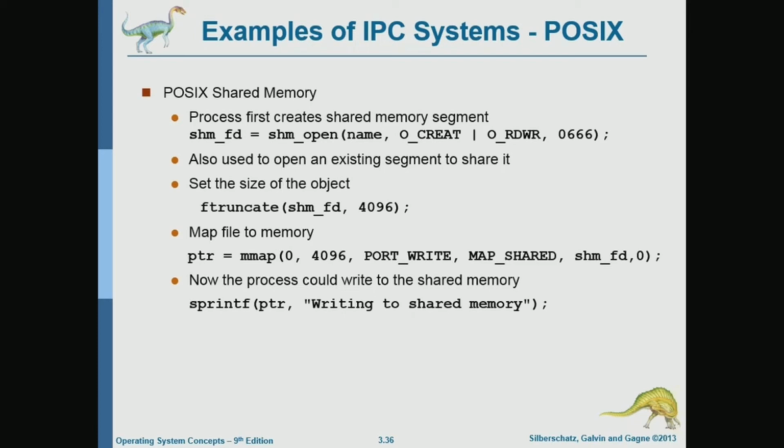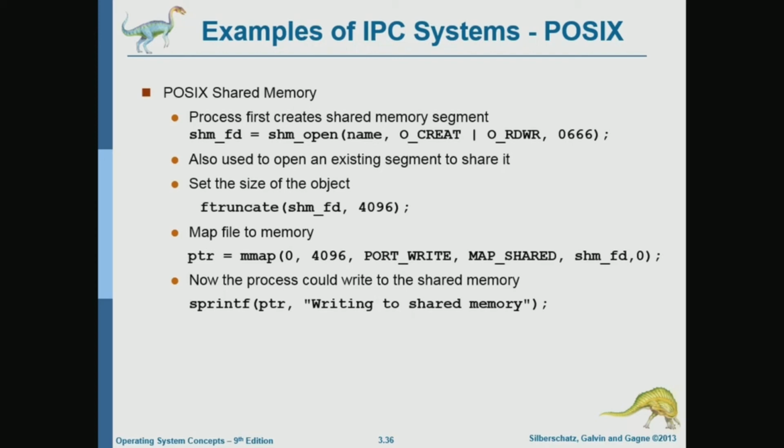So we are creating a buffer. Then ftruncate just sets the size of the buffer, so we're setting the size of the buffer to 4K here. Then the third API, map, maps that buffer into a pointer in the address space of the process that did the shared memory open. To map you pass the file descriptor.